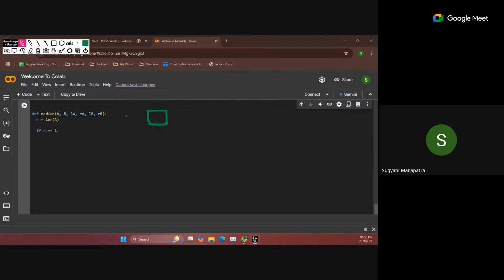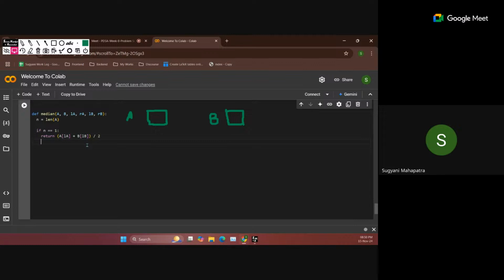So if n is equal to 1, there is one element for A and one element for B, right? What will be the median in this scenario? Average of the two. Exactly. So we will return A of LA plus B of LB divided by 2. This is fine.